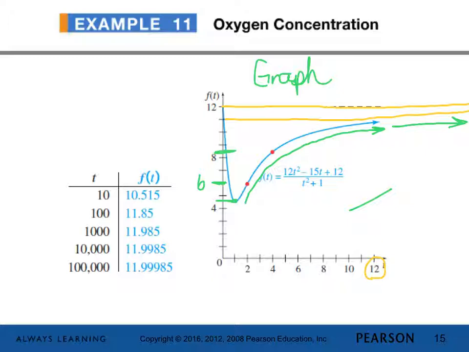numerically. So again, remember that you can build your table. You simply go to y equals and enter the function. And then you make sure your table lets you ask for the independent variable.